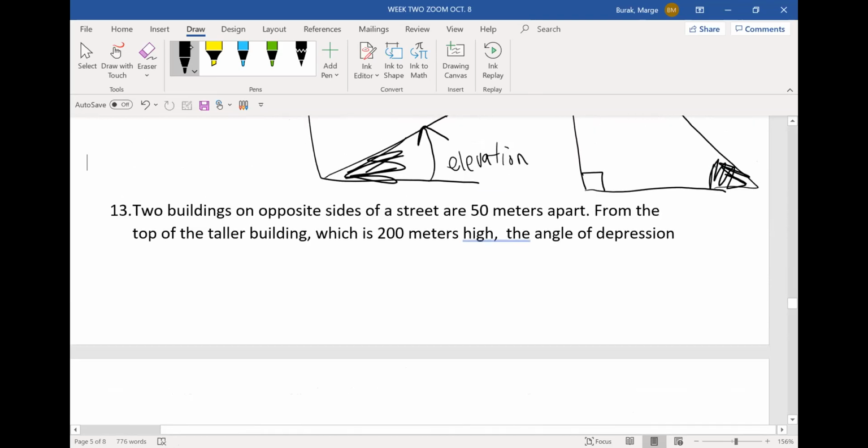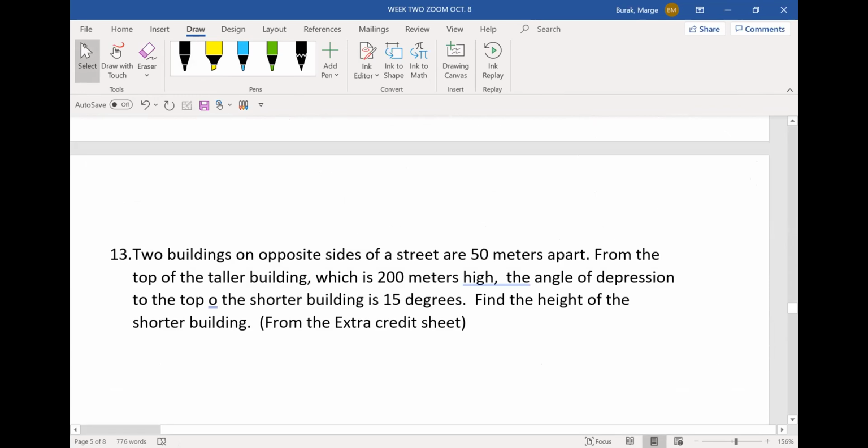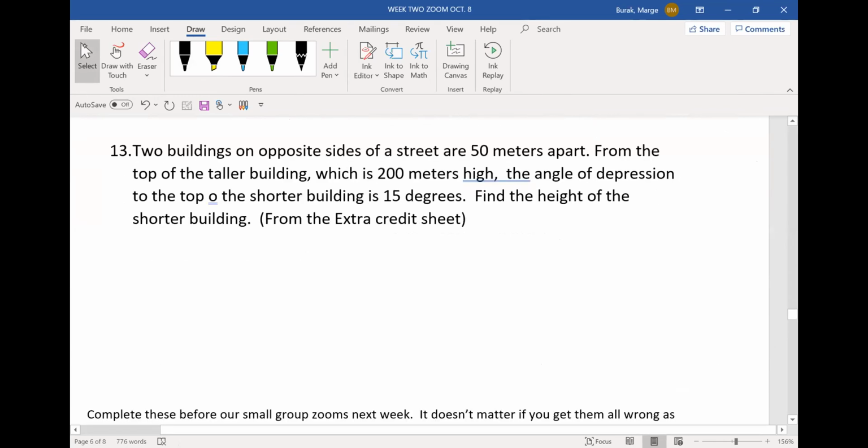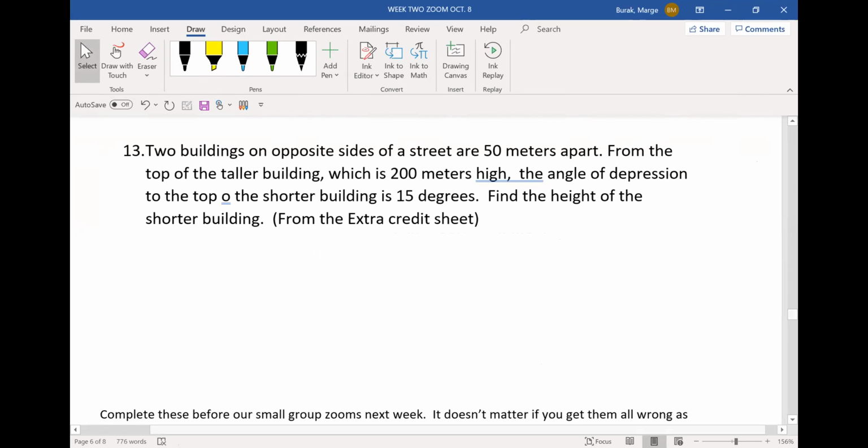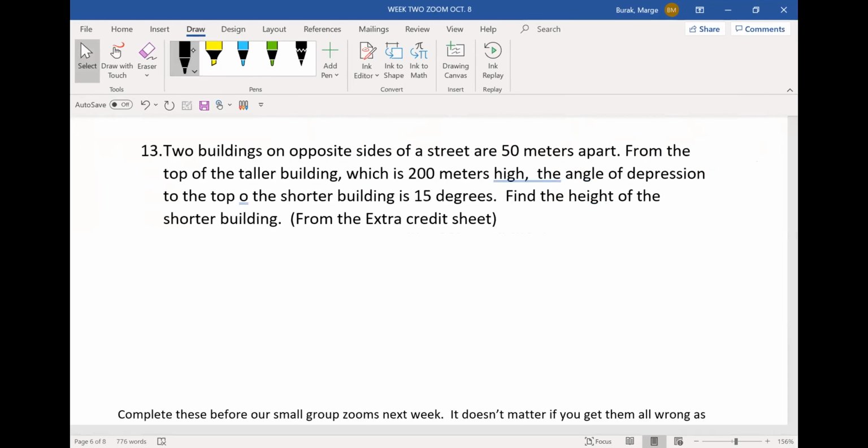This last problem was an example from the extra credit I gave. You draw a picture: two buildings are 50 meters apart, so you would draw 50 meters, and then you would have this building and this building.